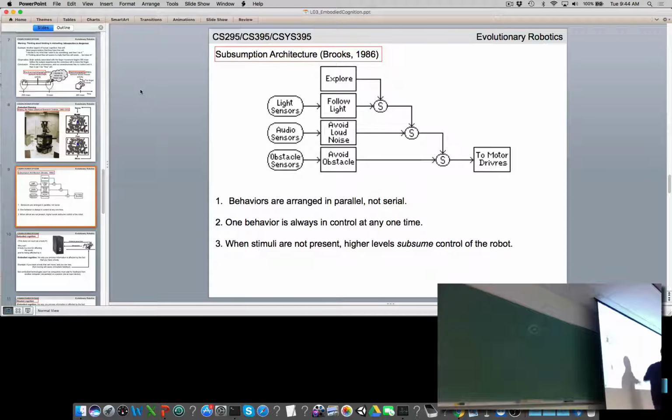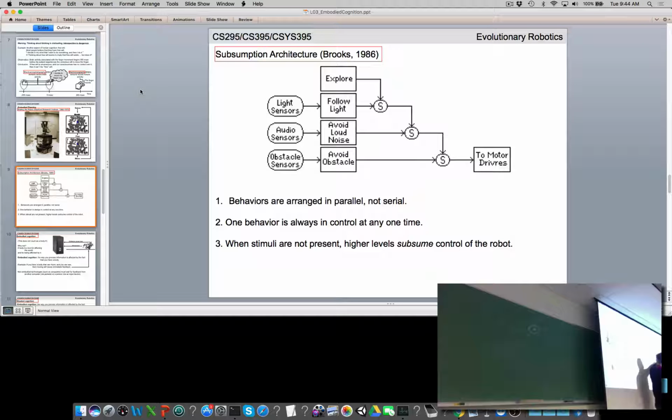But if at any point while it's moving away from a sound source, it happens to get close to an obstacle, avoiding obstacles is more important than avoiding loud sounds. This is more dangerous than this situation. So if this part of the architecture ever lights up, saying there's an obstacle nearby, it subsumes control of the motors.